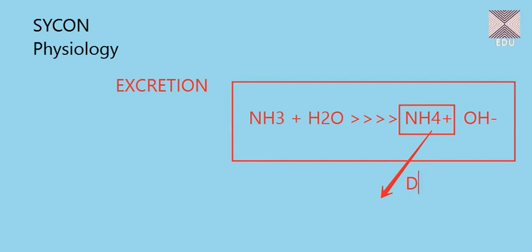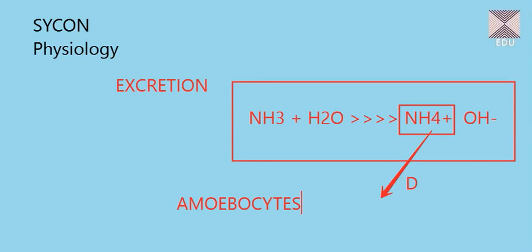Here some scientists think that amoebocytes, which are present in the mesoglea, help in excretion. What they say is that amoebocytes present in the mesoglea will retain this particular excretory product inside them for some time.